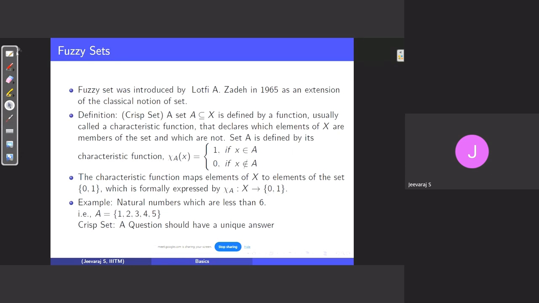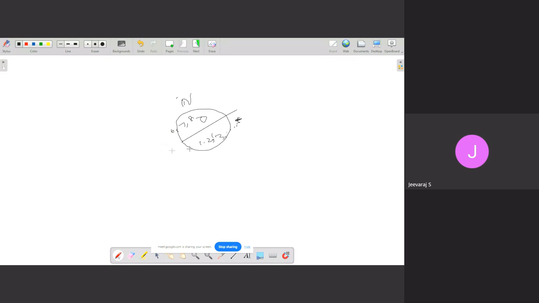So what does this characteristic function do to the universal set? It divides the entire universal set into two parts. One part is 100% known to me, another part is 0% known to me, right? Suppose somebody is making you understand how to divide a set of objects into two parts, what would be the natural thinking? Why do we need to divide only into two parts? Can we divide it into 3 parts?